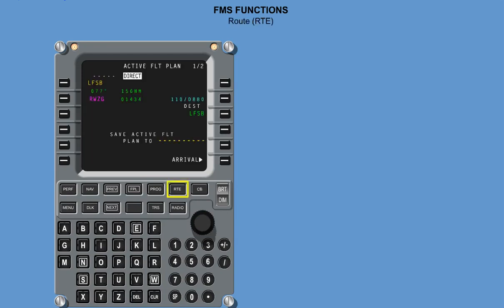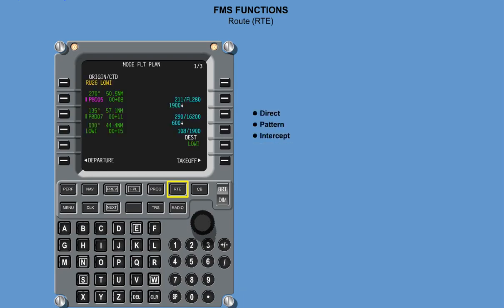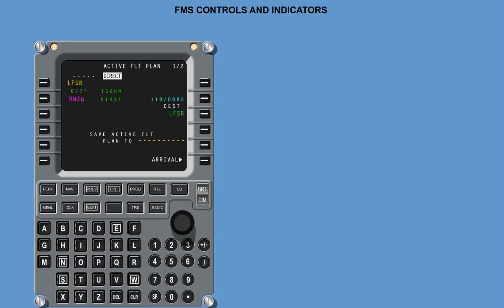Route, RTE. This function inserts the following prompts on the active flight plan pages: direct, pattern, and intercept. FMS controls and indicators. Multifunction Control Display Unit, MCDU.